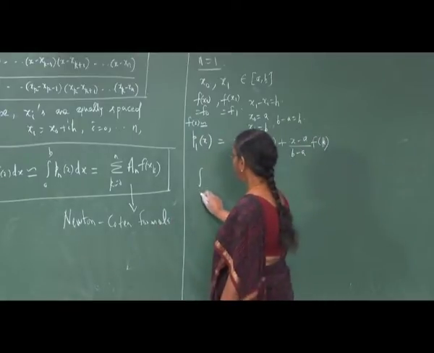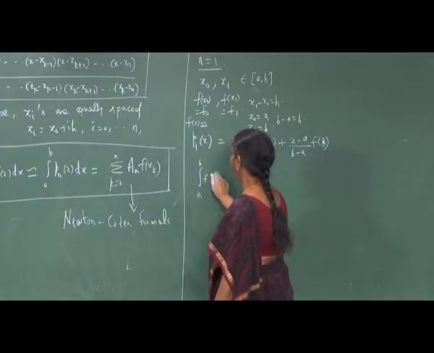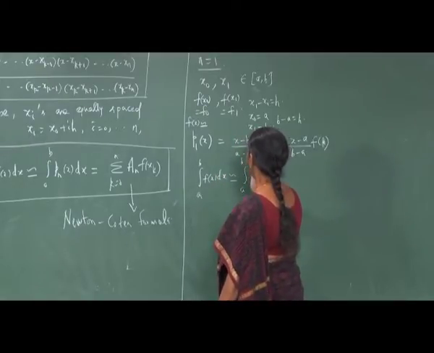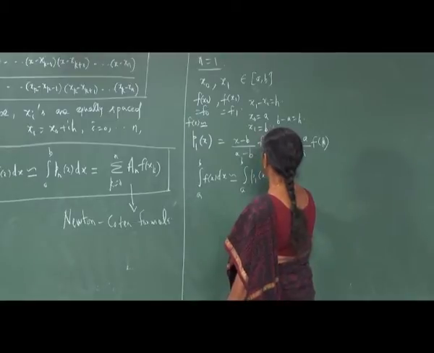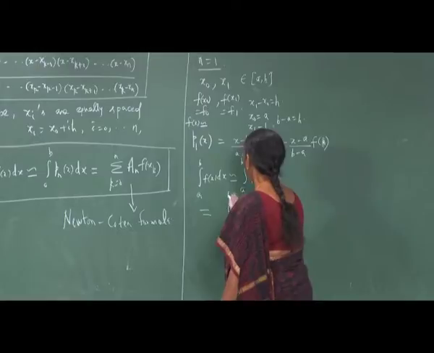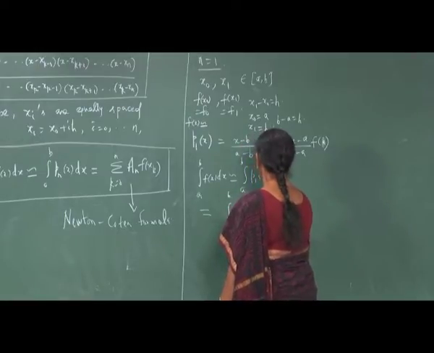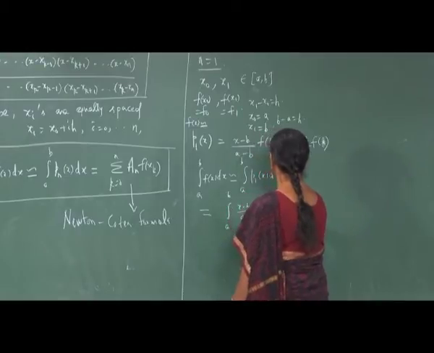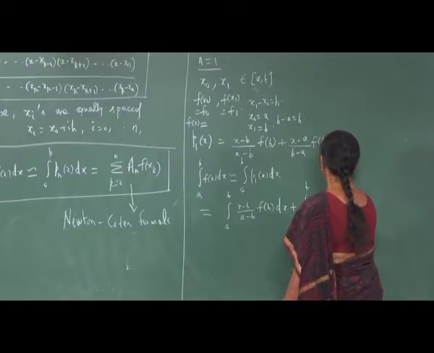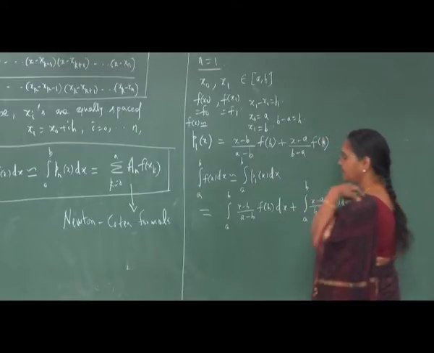So, I require integral a to b f of x dx. That is integral a to b p1 of x dx, and that will be equal to integral a to b x minus b by a minus b into f of a into dx plus integral a to b x minus a by b minus a into f of b into dx.